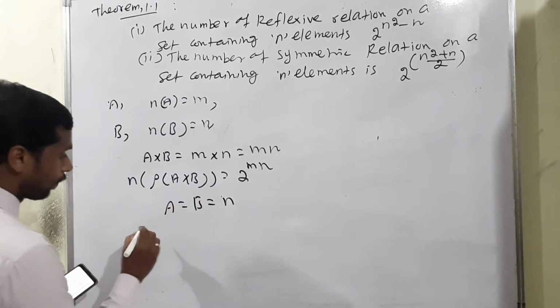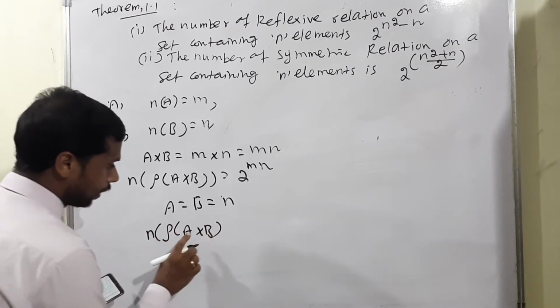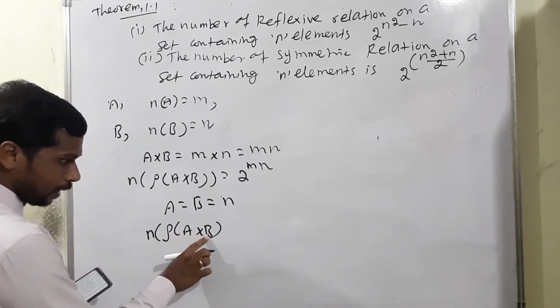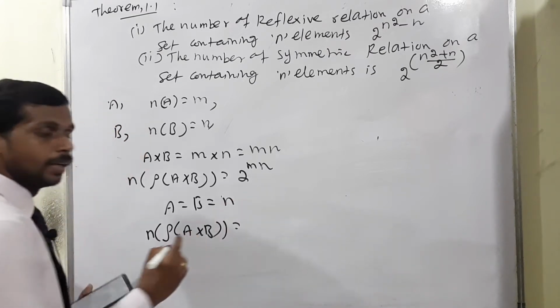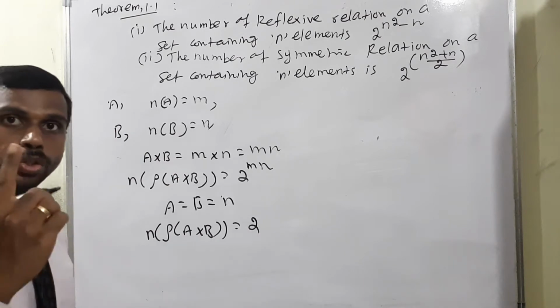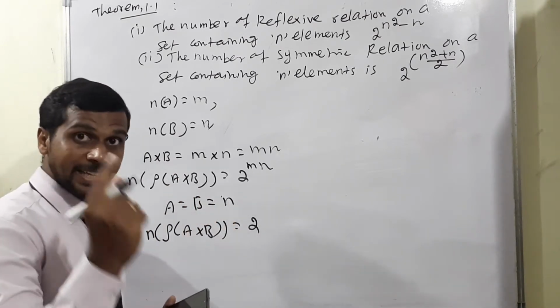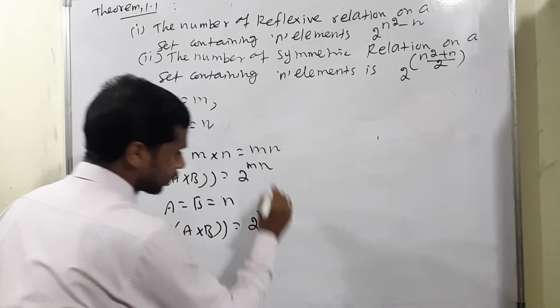A into B means n into n, which is n square. So the number of subsets is 2 to the power n square.